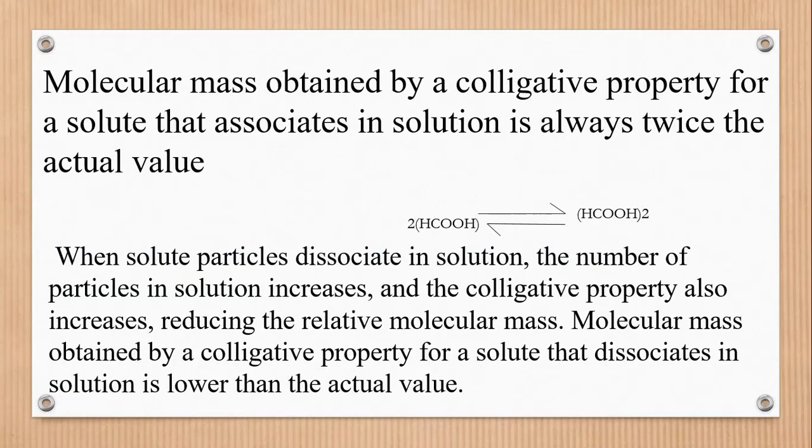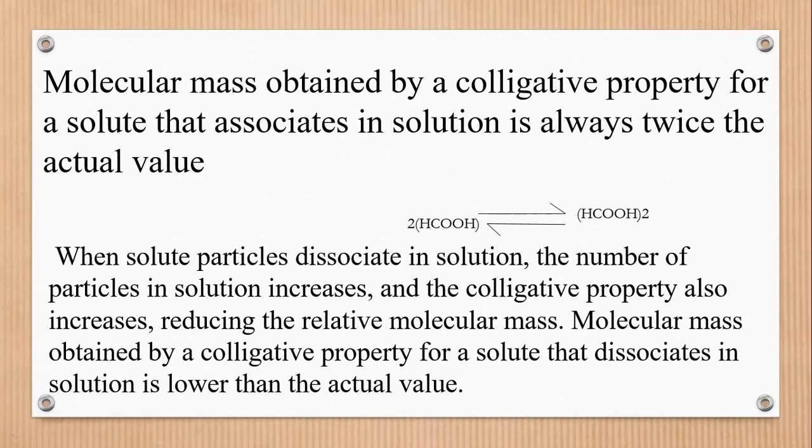Then molecular mass obtained by colligative property for a solute that associates in solution is always twice the actual value. It's because of the combination of each of the molecules. The molecules come together to associate, they interact, forming bigger molecules.